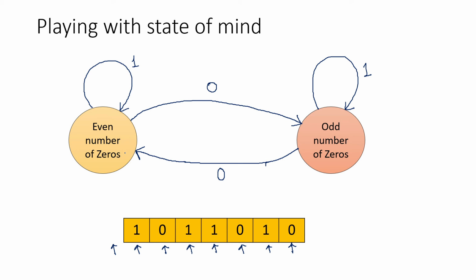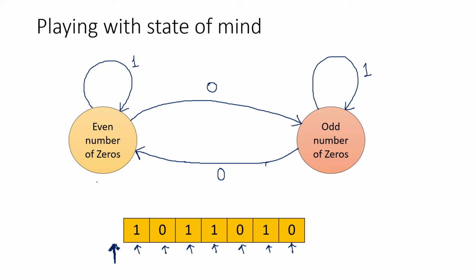Your initial state of mind will always be even number of zeros, because when your reader is about to start reading, you have seen zero number of zeros. Zero number of zeros means even. So your initial state of mind is not going to change for changing the requirement of the problem.